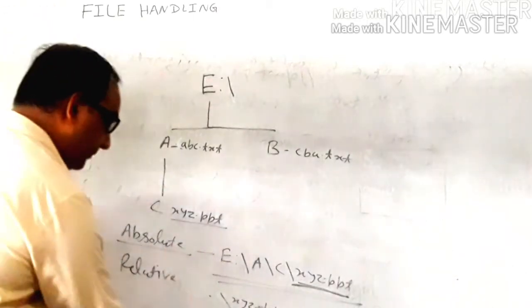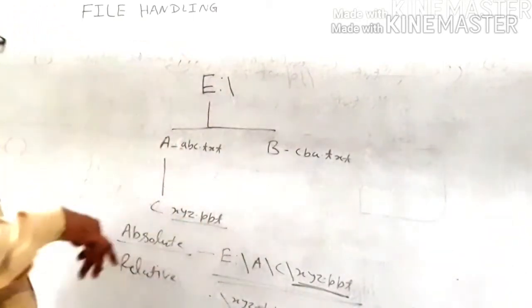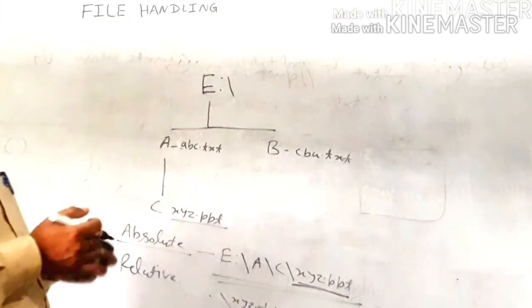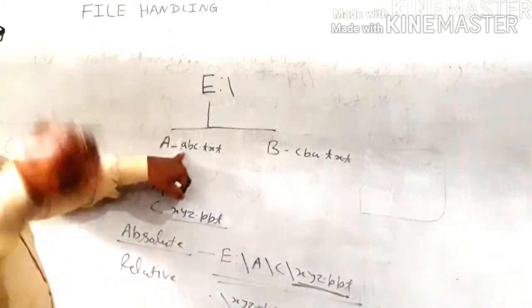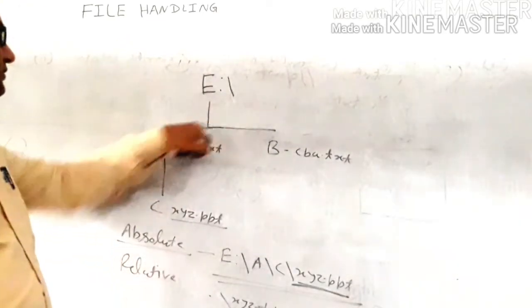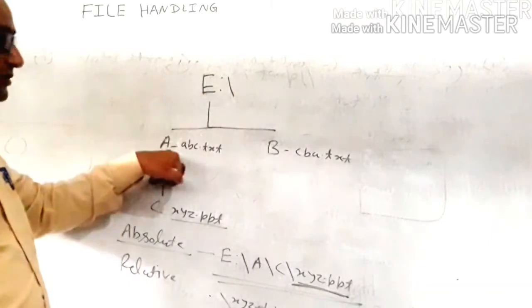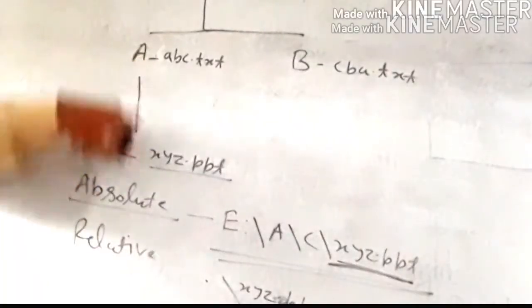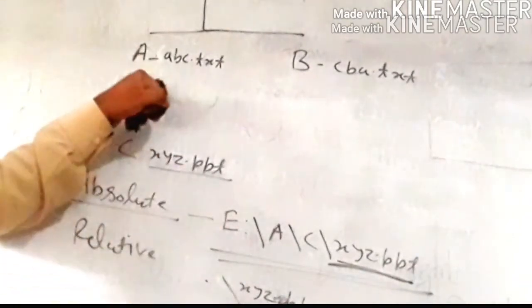But when you write the double dot, it means your file is in the parent location. Parent means you switch from the current location to the parent location, which here is the A folder. So the parent location means your file is in this A folder.